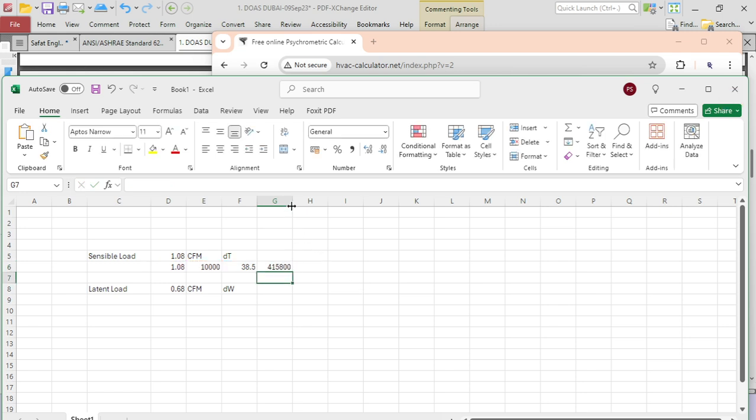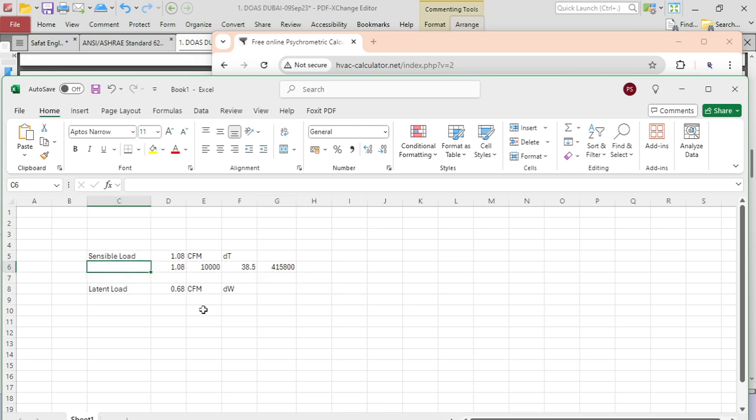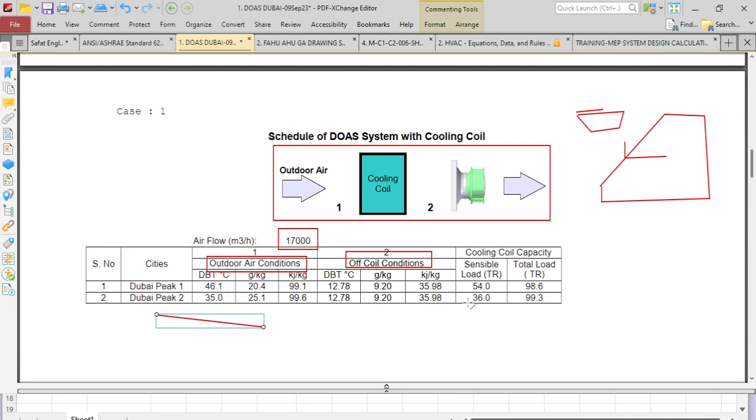So this is my, what is the value? BTU per hour, right? This sensible load equation is in BTU per hour. If I want to calculate my capacity, which is in tonnage, not kilowatts, here it is tonnage.